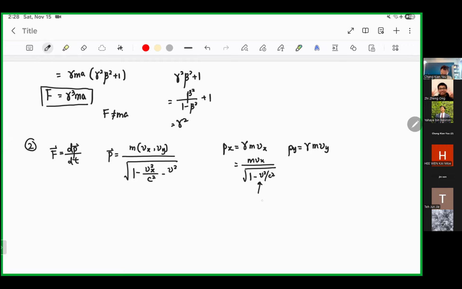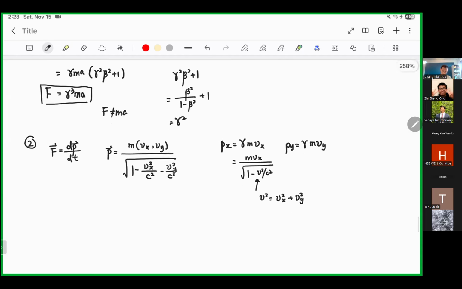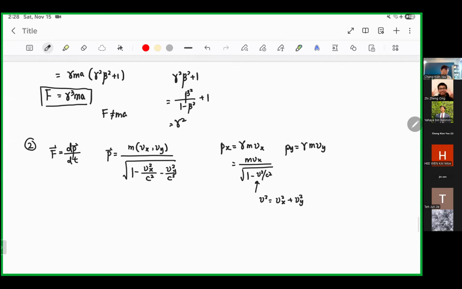And then your V can be separated into X and Y components, right? So if you do it properly, you get something like this. That's why you have the X, Y's here, and this is a 2-component vector. And then just differentiate it. We take a condition where Vy is 0 initially. Okay, I'll write it like this.